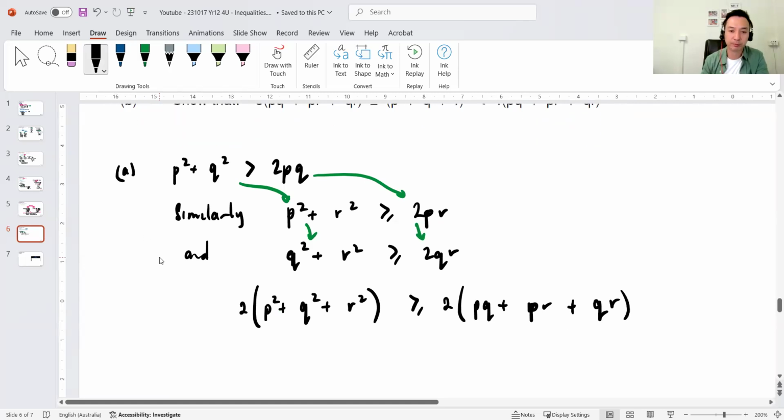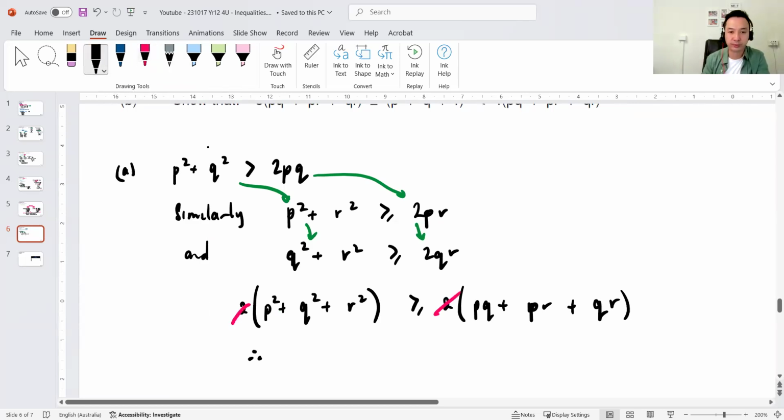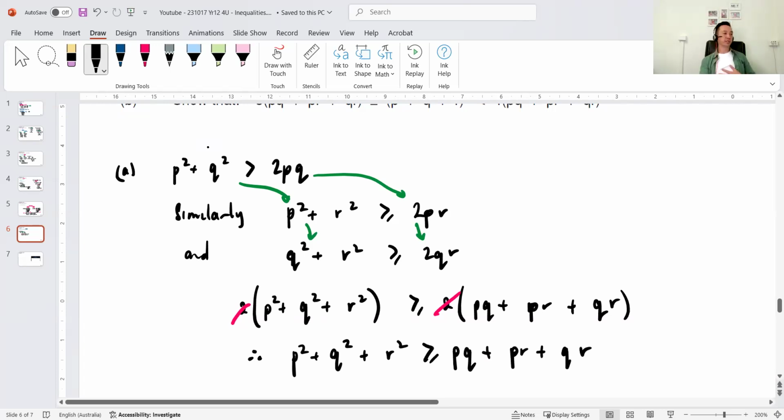And divide by 2 and you got it. Yep, divide by 2, got it. Yep, nice. All right, guys.